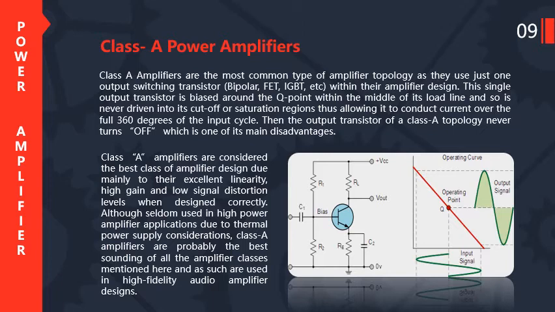Although seldom used in high power amplifier applications due to thermal and power supply considerations, class A amplifiers are probably the best sounding of all the amplifier classes mentioned here and as such are used in high fidelity audio amplifier designs.